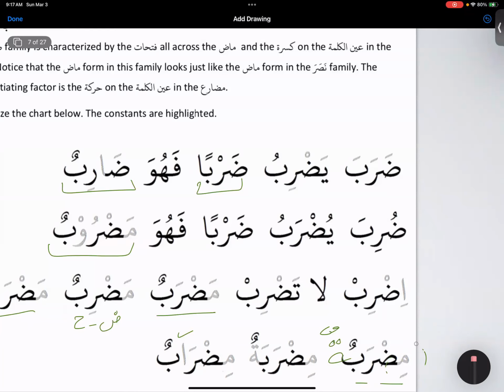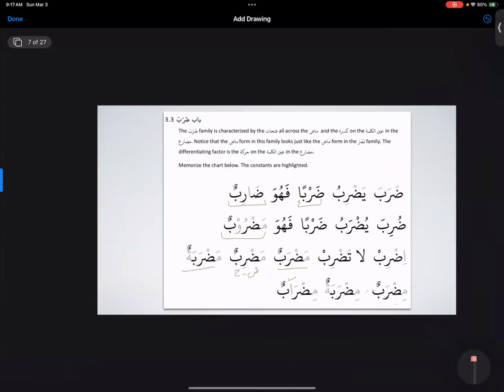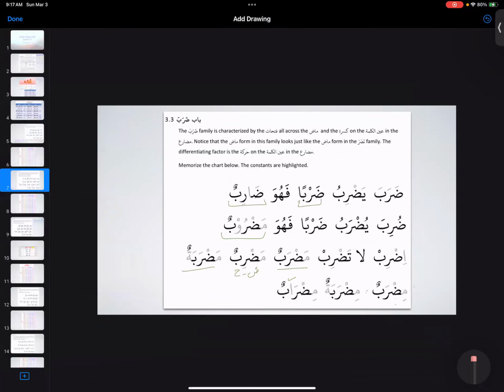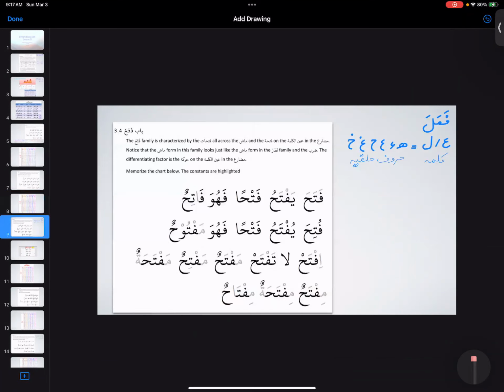So we need to memorize these patterns, all three alat and three zarf. Then the conjugation over here for bab daraba. I'm going quick because we know these patterns already, nothing new for us, but ask me any question if you are confused on something.